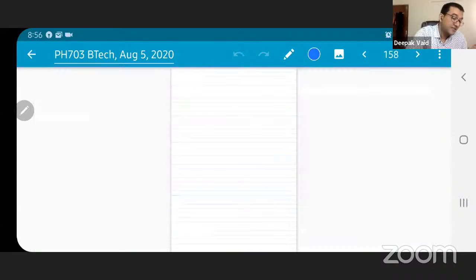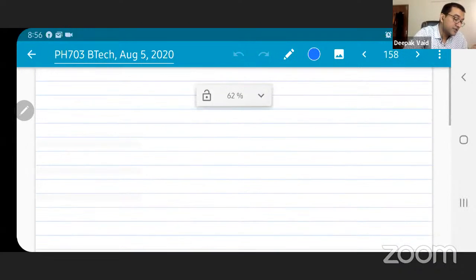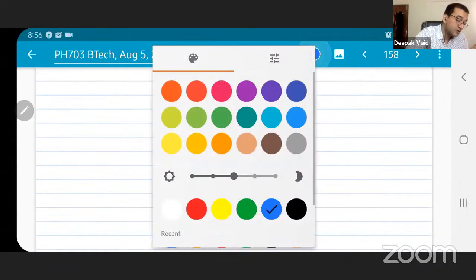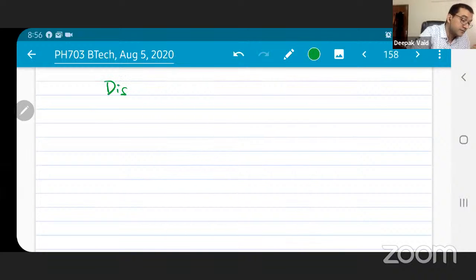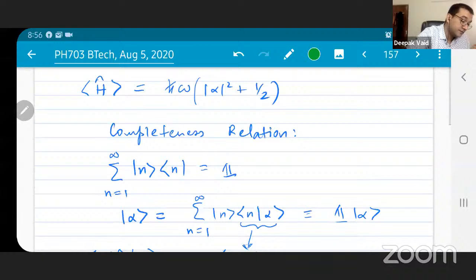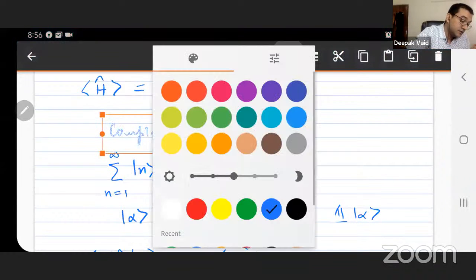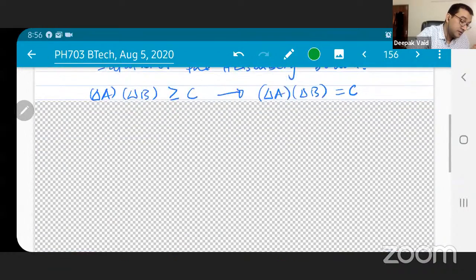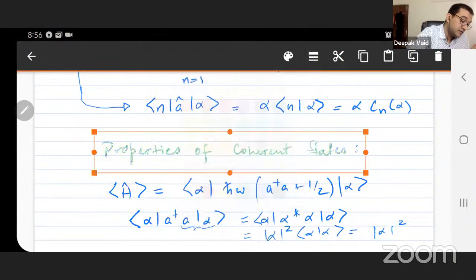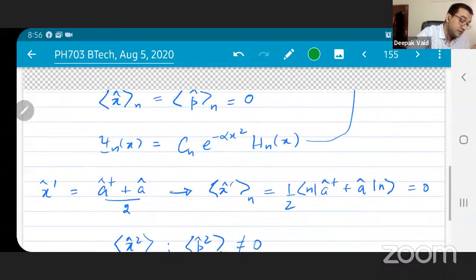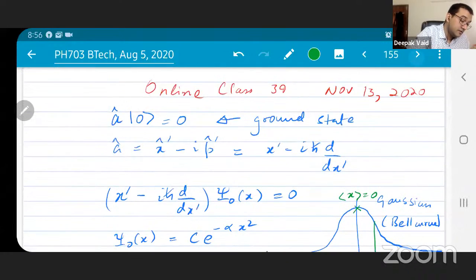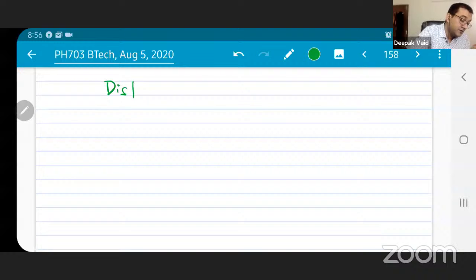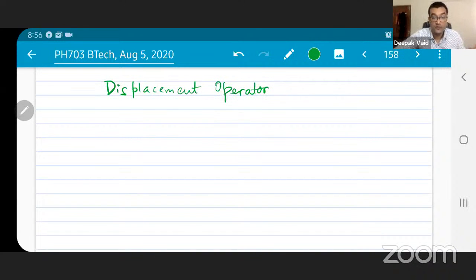Now, in order to determine this zeroth coefficient, we need a little bit more. We need to introduce one more thing. We need to define something called a displacement operator.